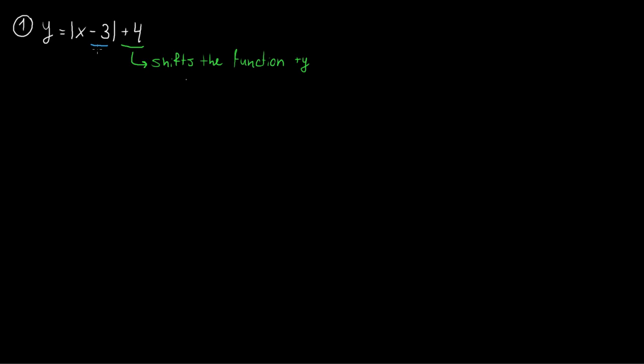And here in the blue, because it's inside and because it's negative, shifts, and I will use the more scientific term, translates. And no, it's not the English translation, it's a physical translation. Translates the function in the positive x direction. So we can calculate where the point is.